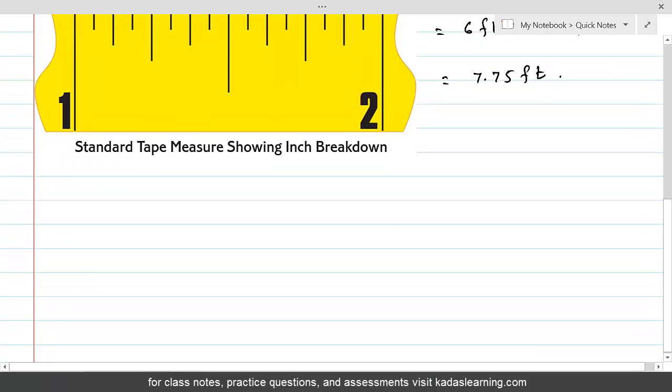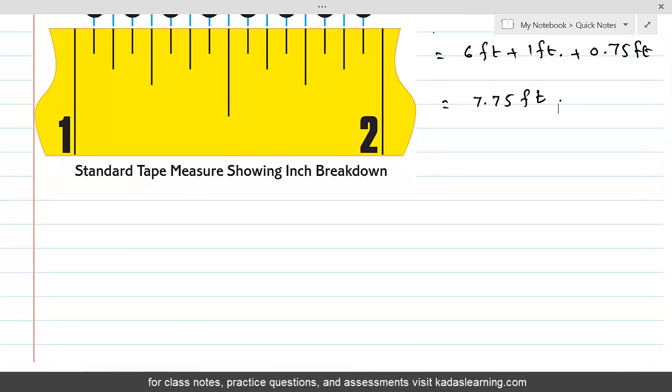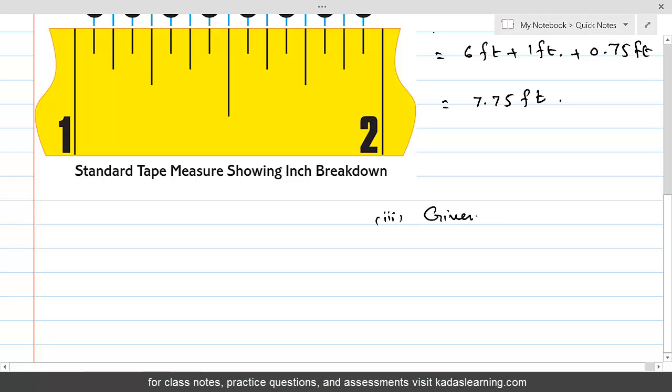For question number 3, we are given a question where we need to convert 13.14 feet into feet and inches. So the given length is 13.14 feet.